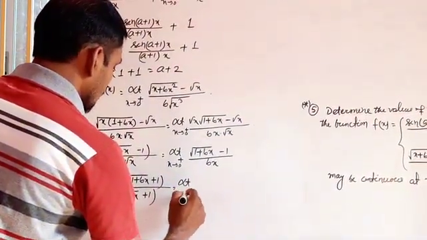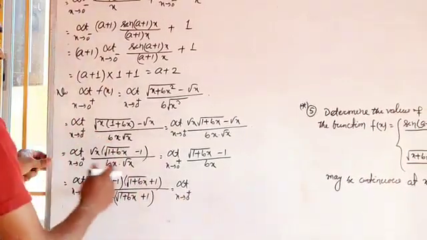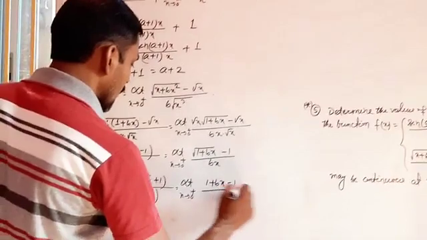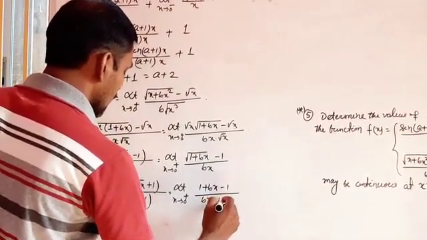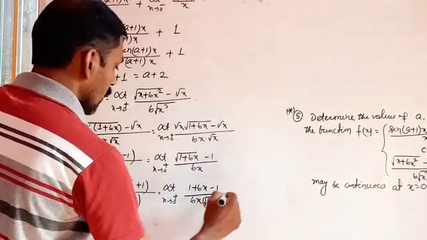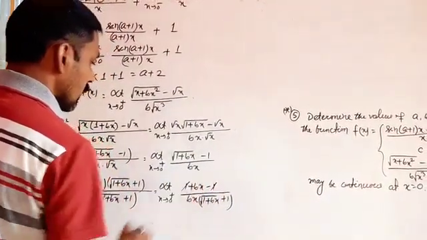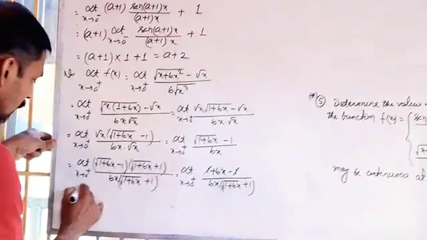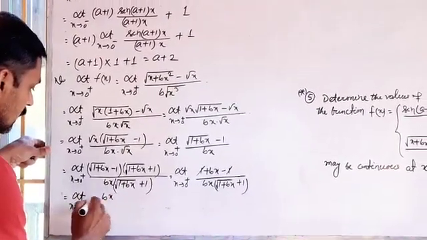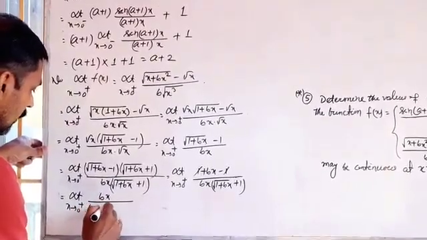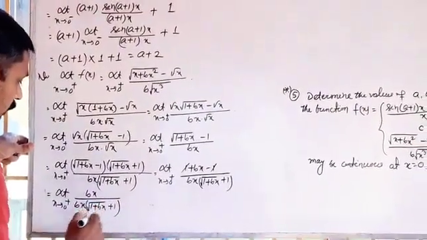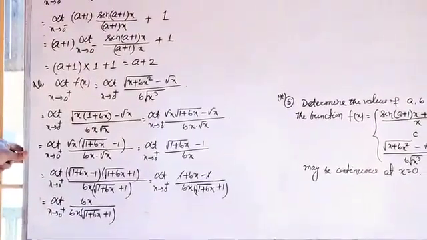It is limit x tends to 0 plus, a square minus b square. So 1 plus bx minus 1 by bx into 1 plus bx root plus 1, and the plus 1 minus 1 cancel. So the limit x tends to 0 plus, it is bx by bx into 1 plus bx root plus 1, again bx is cancelled.